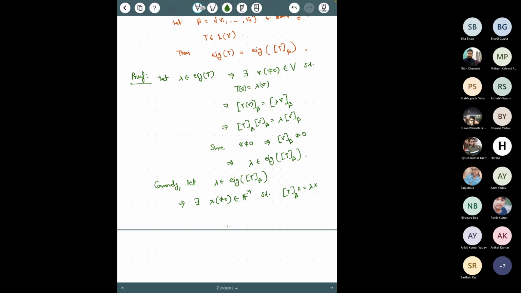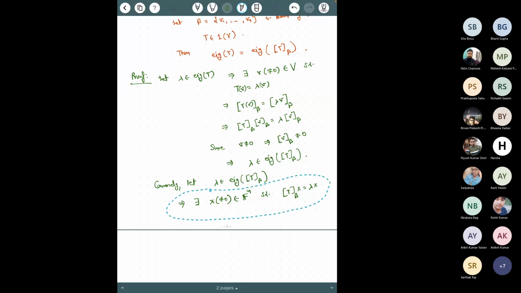Any idea? We need to produce a vector v such that T of v is equal to lambda times v, and this is the information we have here. Can you at least suggest some vector v using this that could possibly be a candidate?